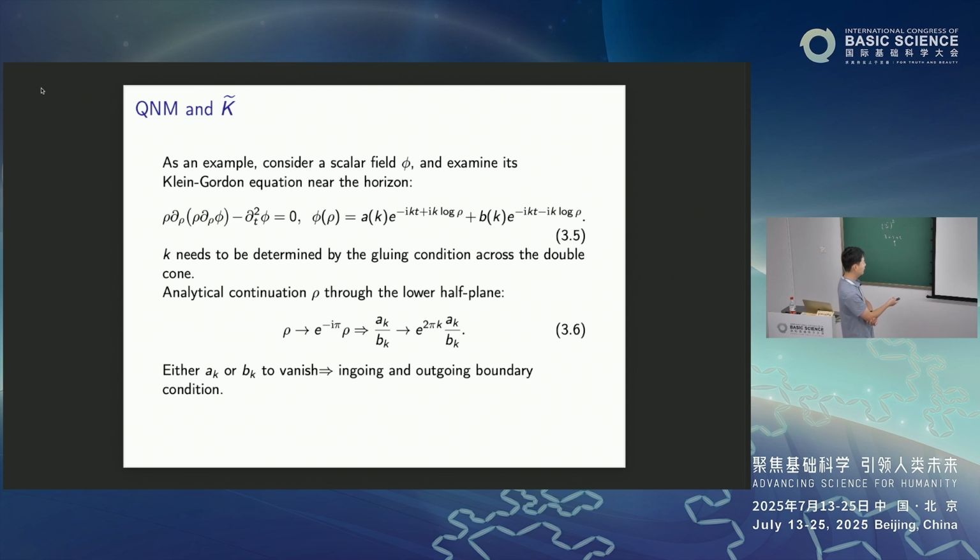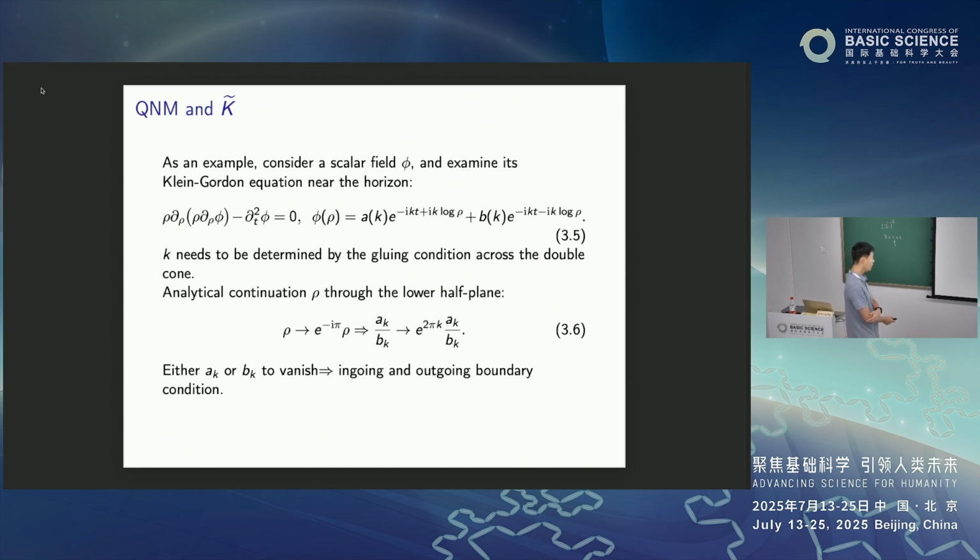So we continue rho to e to the minus iπ rho. So that introduces some extra factor in front of the ratio of these two unknown constants. But once you impose the boundary condition here, a smooth boundary condition at the center of the static patch, the ratio is fixed.